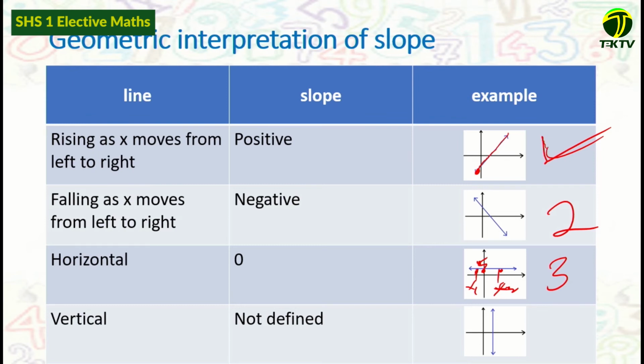Then the last one, very, very important, a vertical line. Let's apply the same principle in the gradient formula. I'm going to indicate 2 points on the line. If I trace them, I'll get y1 and then y2.